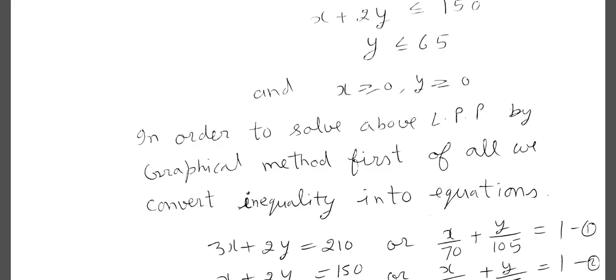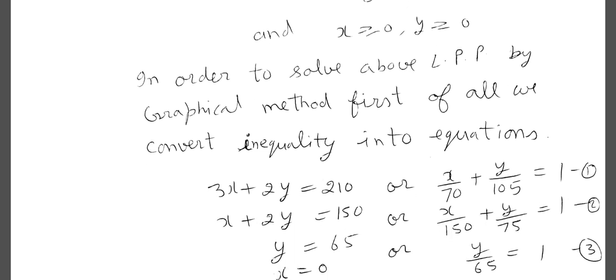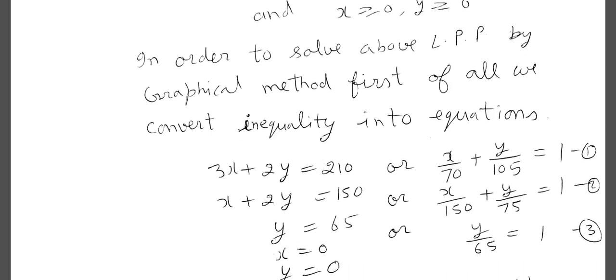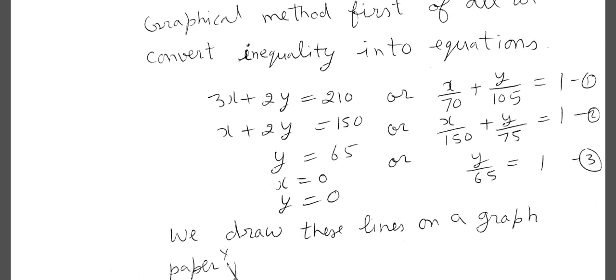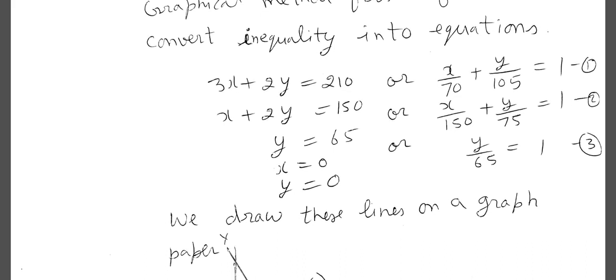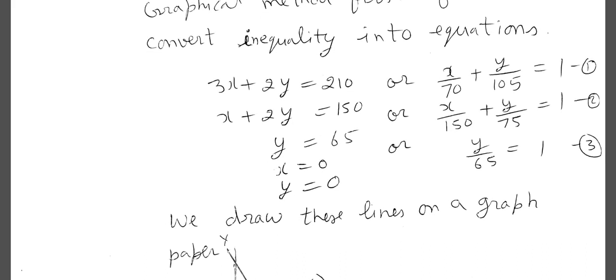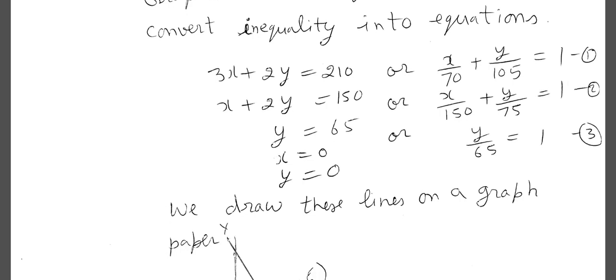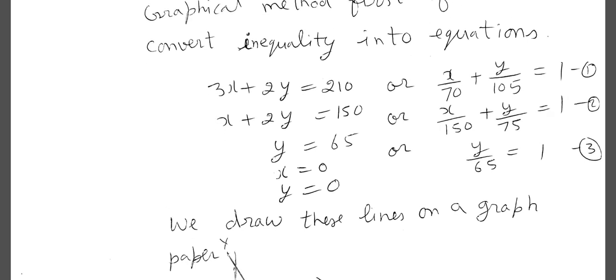In order to solve above LPP by graphical method, first of all we convert all the inequalities into equations like 3x plus 2y equal to 210, x plus 2y equal to 150, y equal to 65 and x equal to 0, y equal to 0.